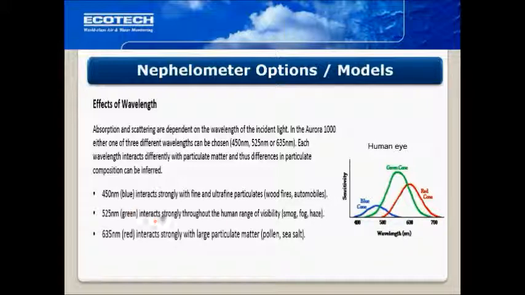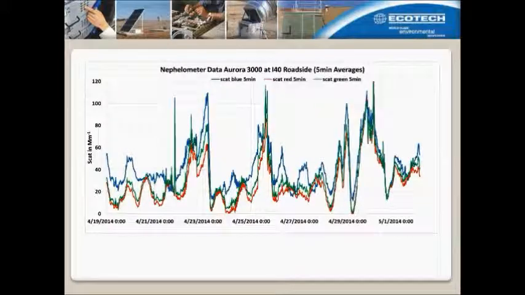The green wavelength is throughout the visibility, so when you measure visibility, you measure at the maximum of the solar spectrum, and that's where the green measurement comes into play. And when particles get bigger, the red wavelength is a better choice. But the 3 wavelengths give you basically everything at the same time.